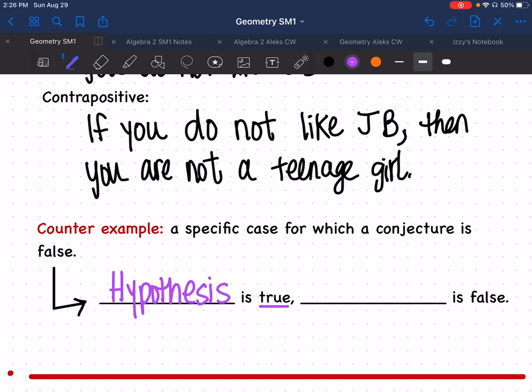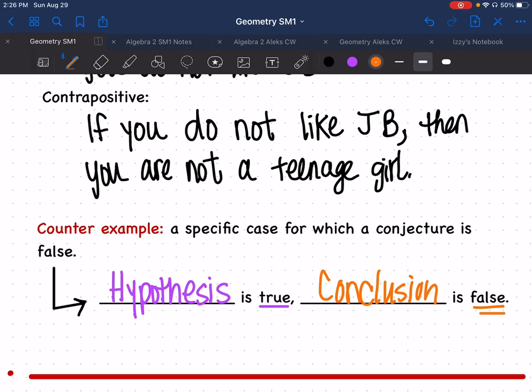The hypothesis has to stay true. The conclusion is the part that is false. Okay, so our hypothesis must be true. We must keep it the same, but the conclusion is the part that must be false.